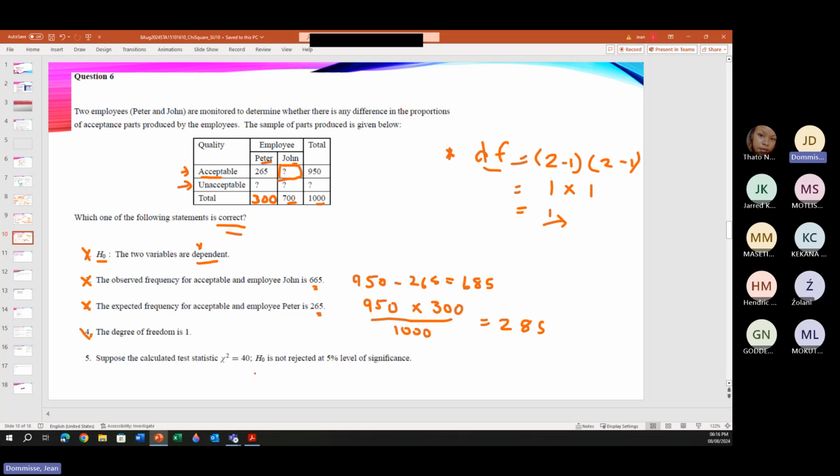Then they tell us, suppose, so let's again look at the T-stat. If the T-stat is bigger than critical, we reject the null hypothesis.